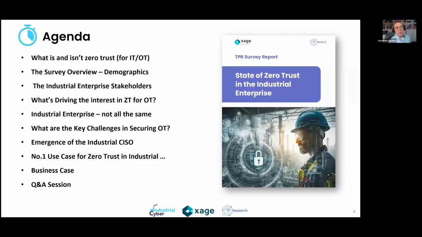The focus is going to include the survey demographics, the key roles, identifying key stakeholders, and the factors that are driving this interest and driving adoption. So what's really driving this traction, and then why now, right? That's the most interesting thing.